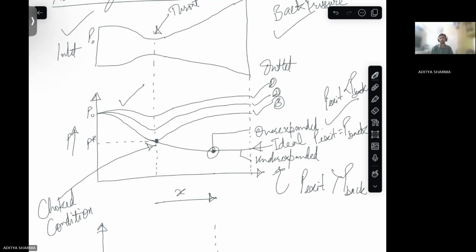This is how flow in nozzle behaves with back pressure. Hope this is understood.